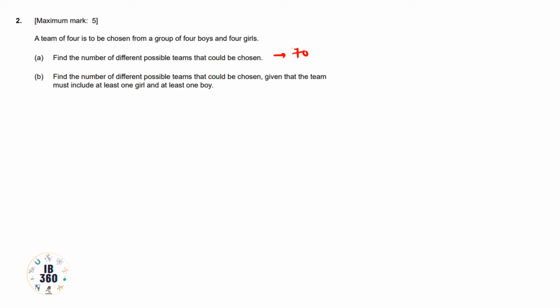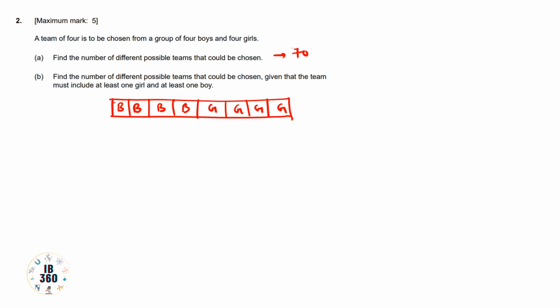Find the number of different possible teams that could be chosen, given that the team must include at least one girl and at least one boy. So here we need to choose the team where at least one boy and at least one girl is there. Again we give the example: 4 boys are there, 4 girls are there.